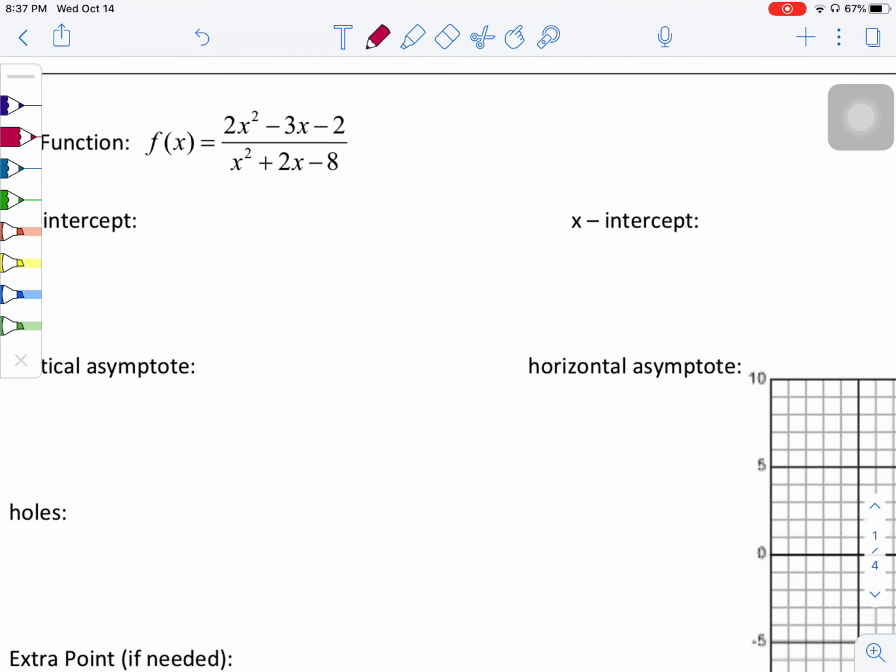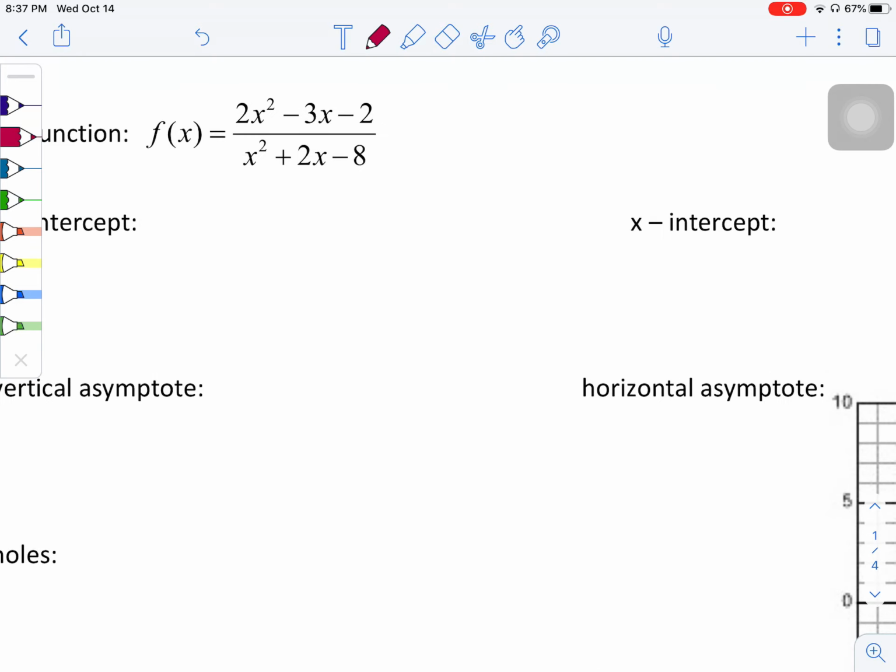So problem number 2, I need to factor this numerator. Factor it whatever method you know, AC method, guess and check, pick whatever makes sense to you and make it work. The denominator is x plus 4, x minus 2. So let's see, 2x, x, let's go negative 2, positive 1.